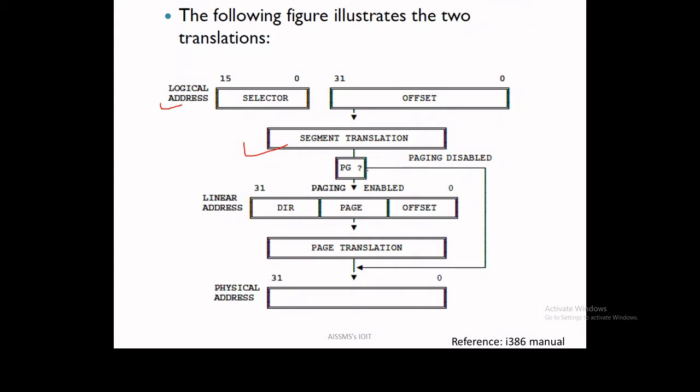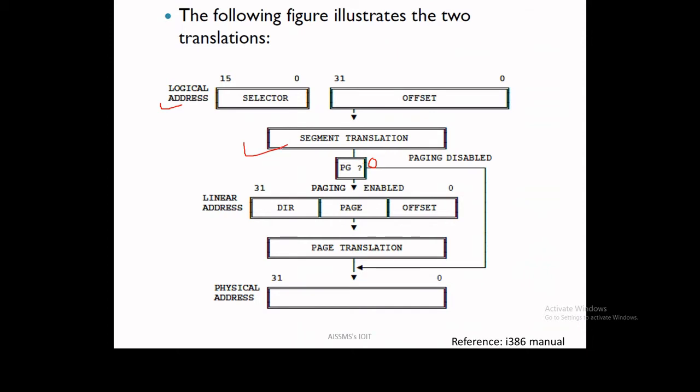The PG bit, present in the control register, is checked. If the PG bit is 1, the paging mechanism is going to be used. If the PG bit is 0, there is no paging mechanism used by the processor.